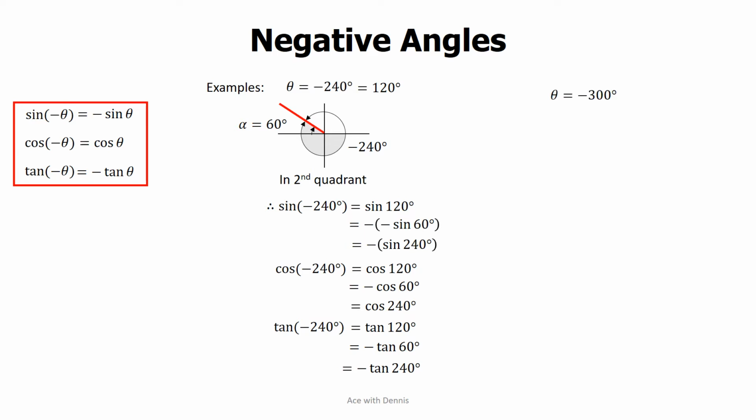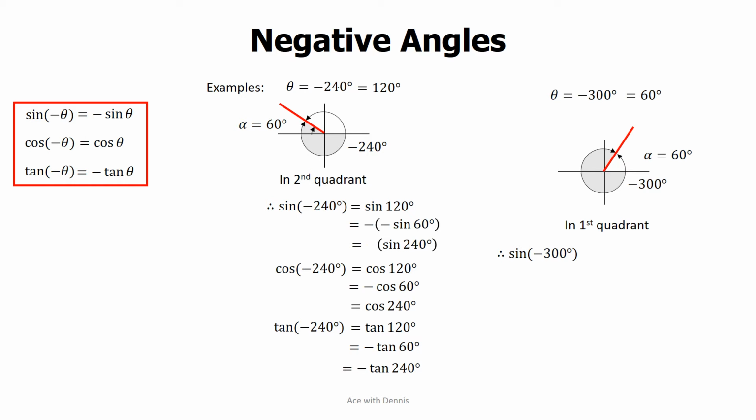Okay, now let's move on to theta equals negative 300 degrees, which means referring to this diagram, we rotate in this direction and the angle is negative 300 degrees. The basic angle alpha is 60 degrees. So that means negative 300 degrees equals 60 degrees. It is in the first quadrant.